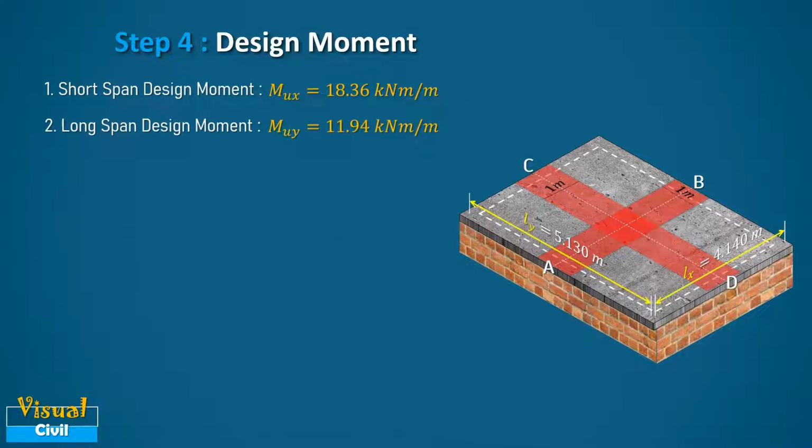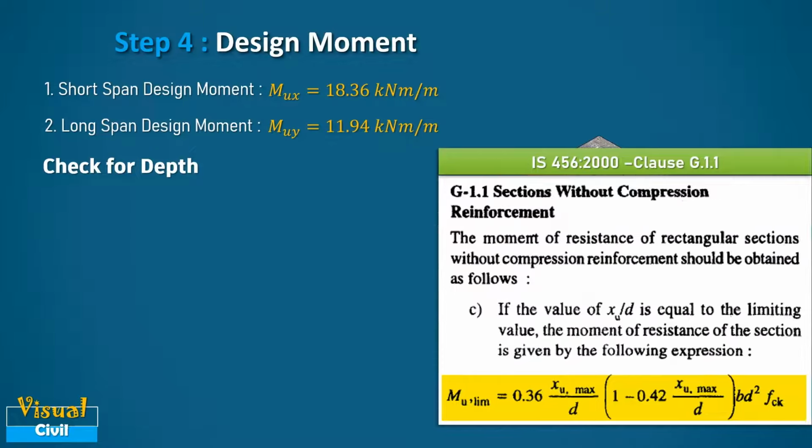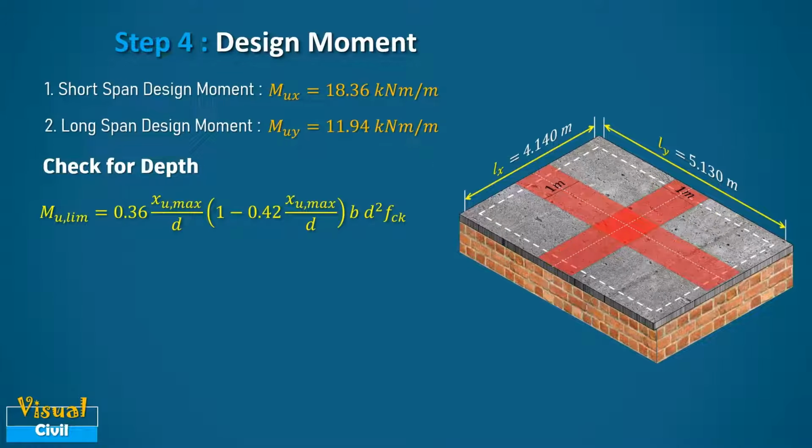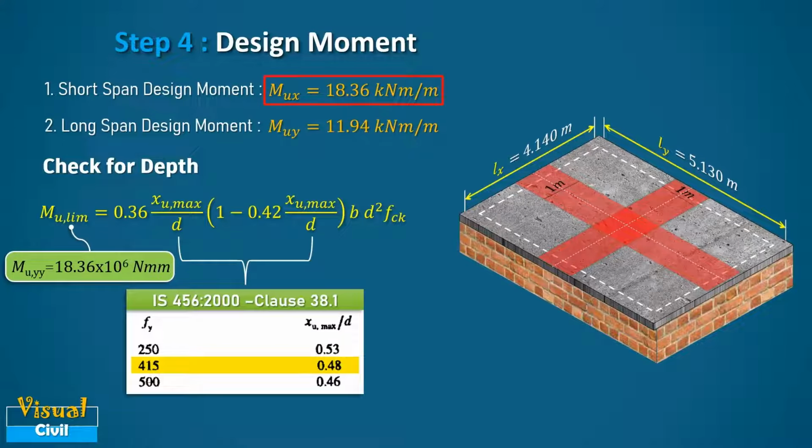Next, it is required to check the adequacy of the assumed depth of the slab for maximum design moment. For this, use the expression given in section C of clause G 1.1. In this equation, Mu lim is the maximum value of design moment. Xumax by D is 0.48 for Fe415 as per the clause 38.1 and small b is the width of design strip equal to 1000 mm.